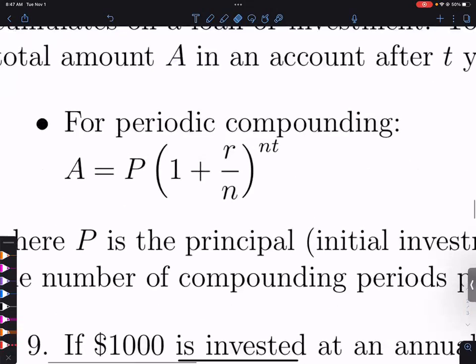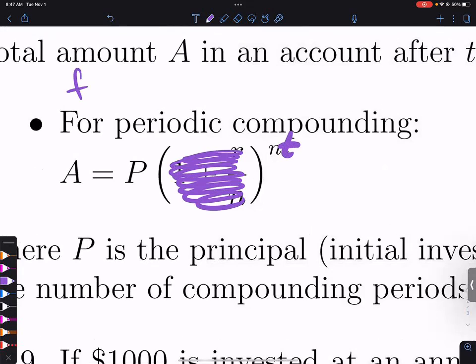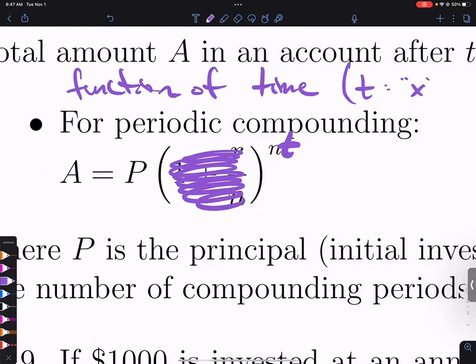This looks like a lot. We're going to talk about what all this stuff means, but we're looking at this as a function of time. So T is like X here, and A is like our Y value. All this stuff in here is the base.